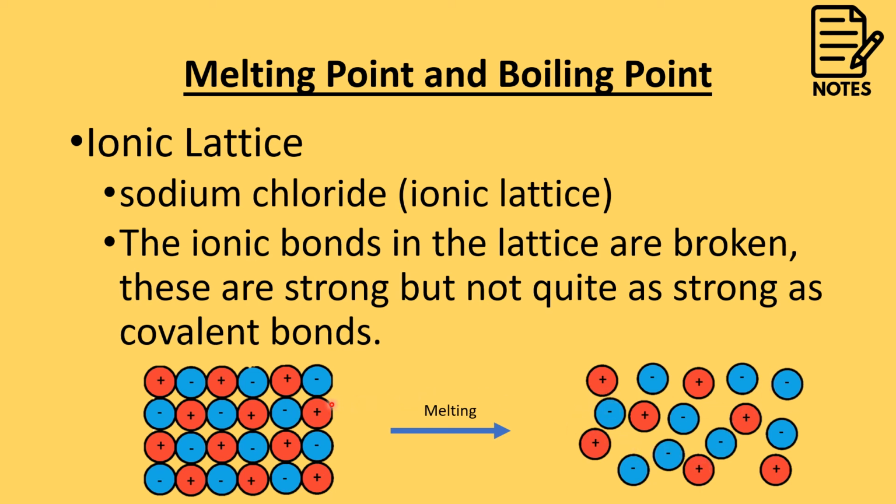So we've got to break the attraction between the oppositely charged ions. As we've learned previously, the attraction between the two oppositely charged ions is their ionic bonds. So we have to break the bonds in order to separate them out. But remember, they're not quite as strong as covalent, and therefore our melting point is usually just a little bit lower.